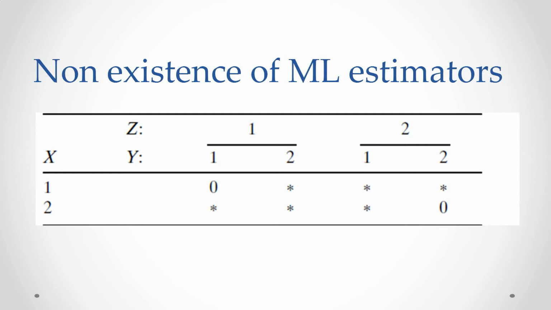Models having all pairs of variables associated are more complex. For example, for model xy, xz, yz, ML estimates exist when only one n_i is equal to 0, but may not exist when at least 2 cells are empty.